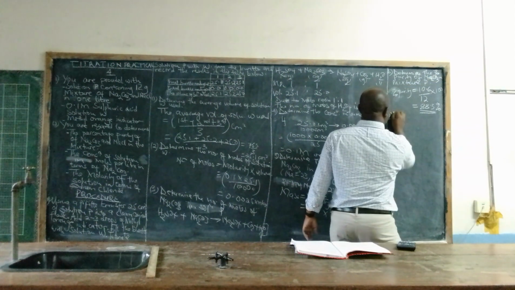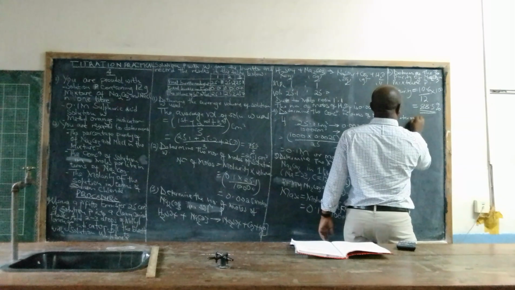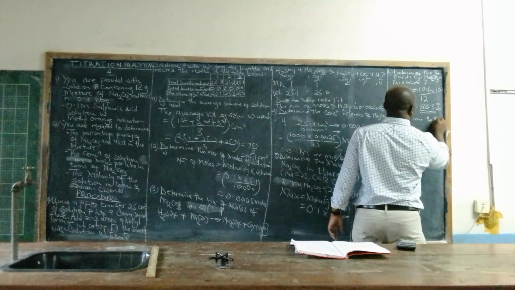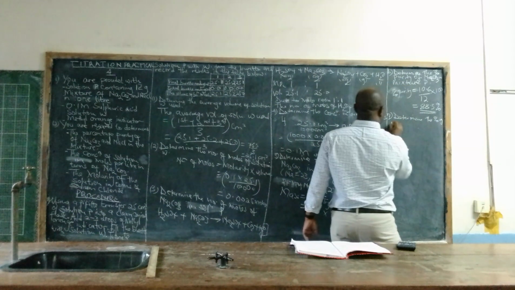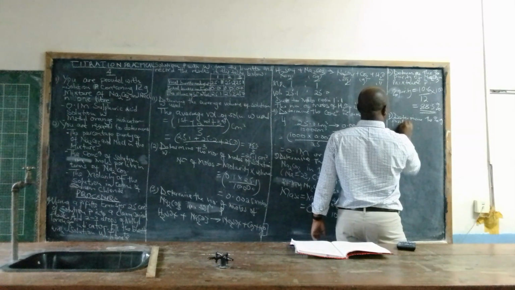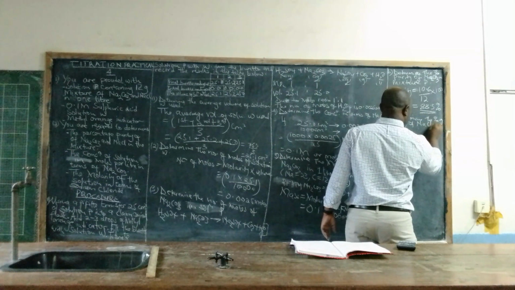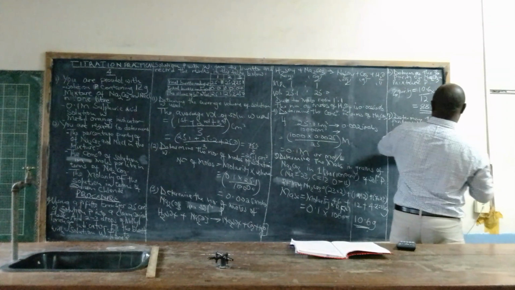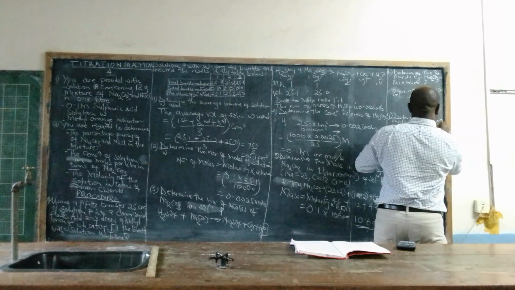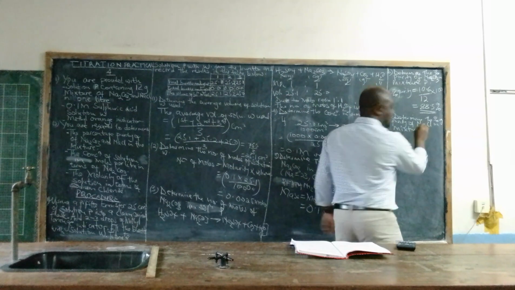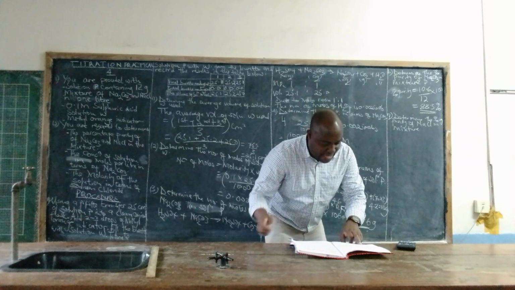Now we are determining the percentage purity of sodium chloride. Take a note. This is sodium carbonate and this is sodium chloride in mixture P. I hope that is what the question has asked.